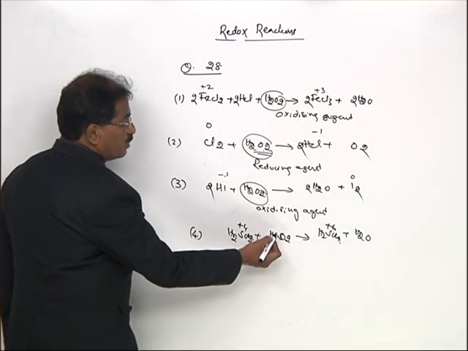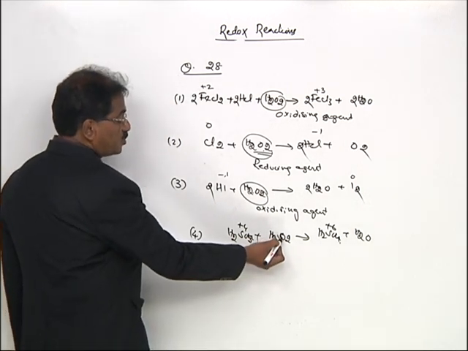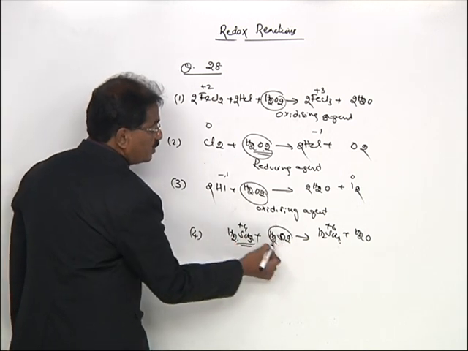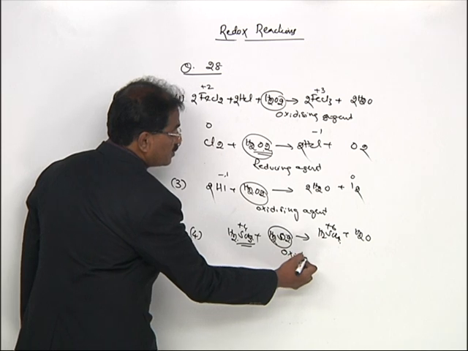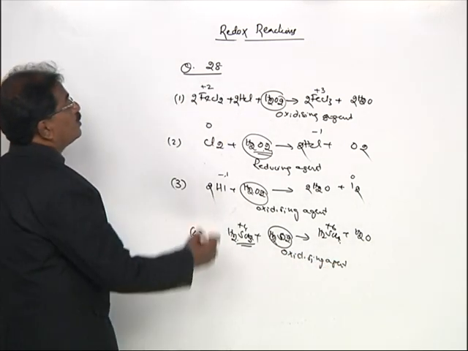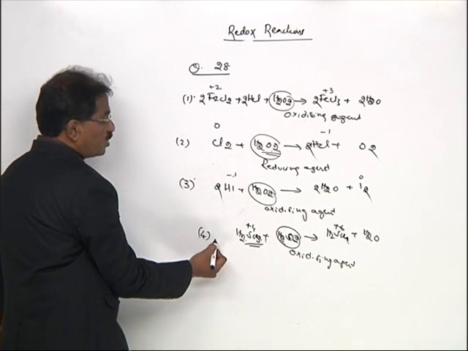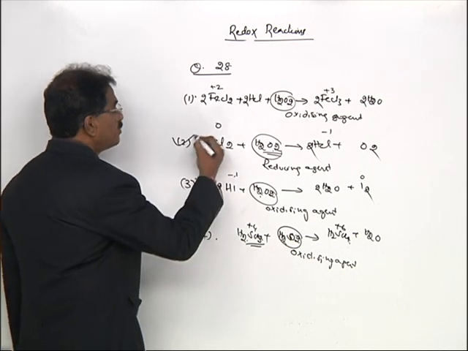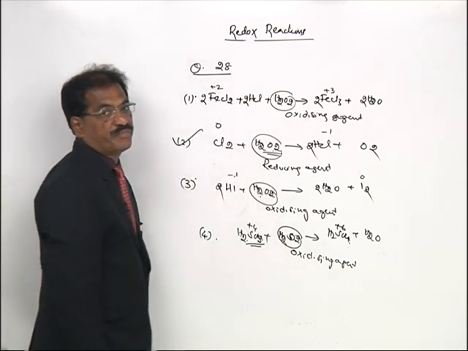That means because of the reaction with H2O2, this H2SO3 is undergoing oxidation. Hence, H2O2 is acting as the oxidizing agent. So in the first, third and fourth options, hydrogen peroxide is acting as the oxidizing agent. Only in the second option, it is acting as the reducing agent. Hence, the answer is 2.